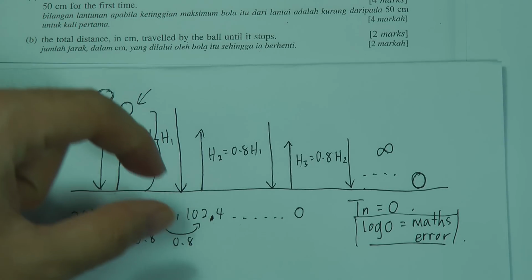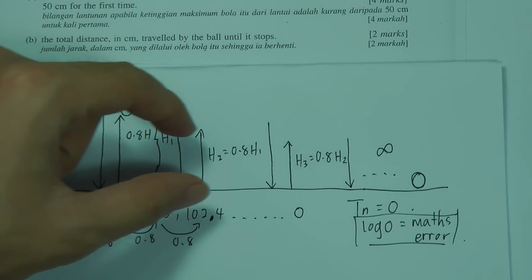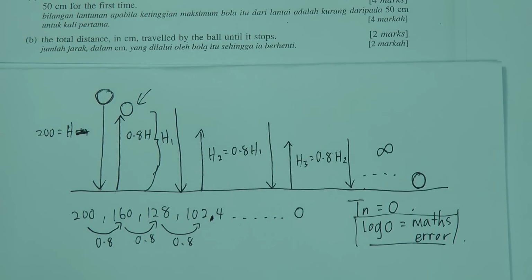The values of the ball's bounce will get smaller until they can be very small, can be 0.1, 0.001, 0.00001, very small until infinity. So you must know that in this question you have to use the formula of sum of infinity, or they call it sum to infinity.